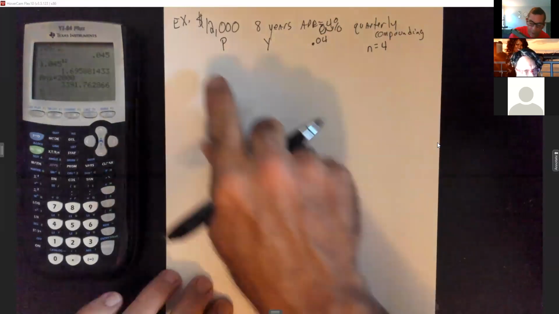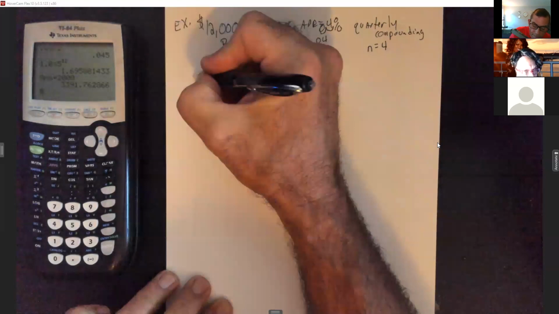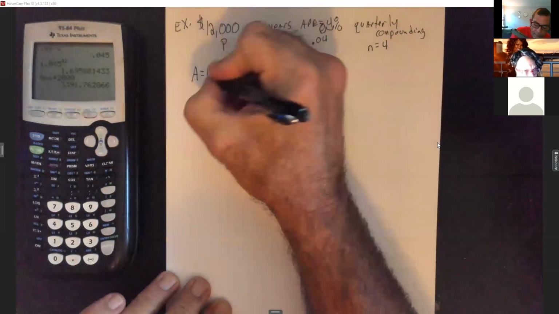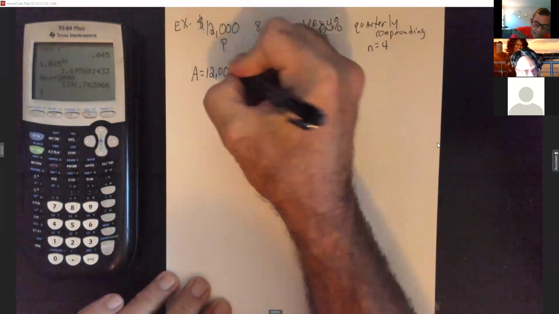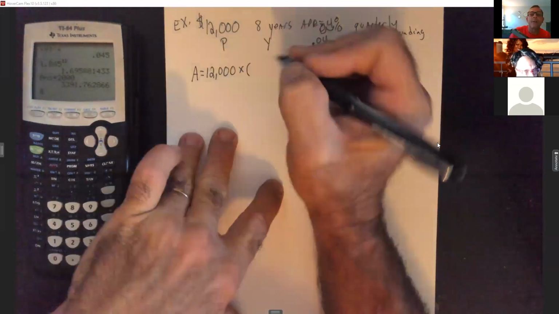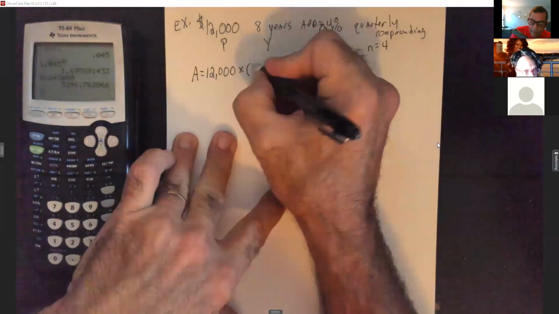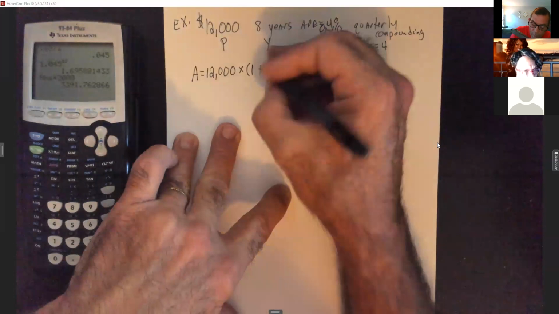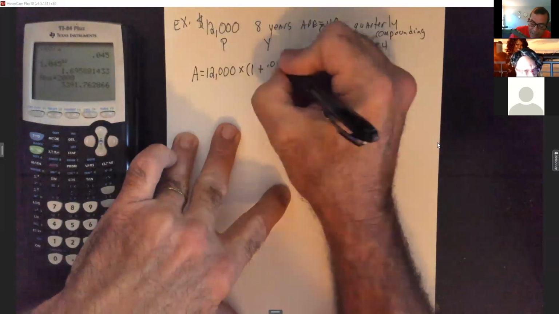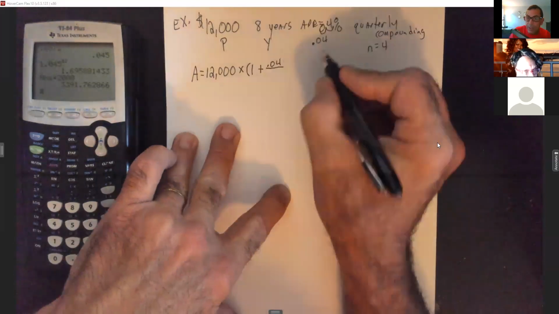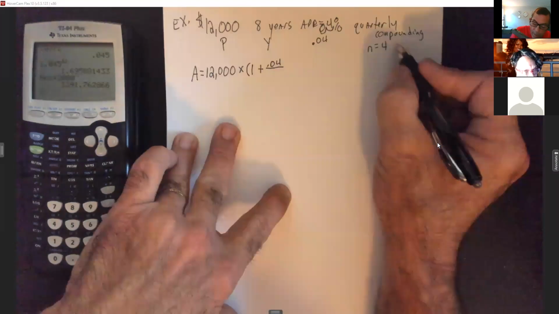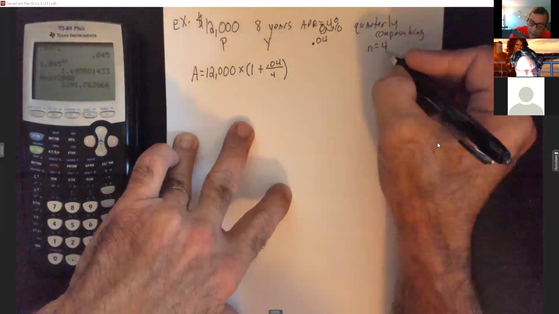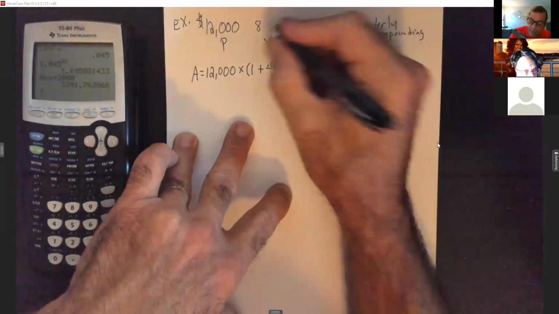All right, y'all, so here we go. We know our formula. A equals P, which is 12,000, times my parentheses, which is 1 plus my APR 0.04, divided by N, which is 4, all raised to the exponent N, which is 4, times Y, which is 8.